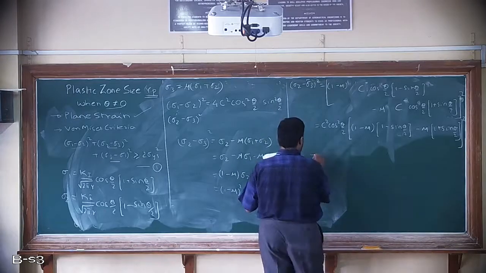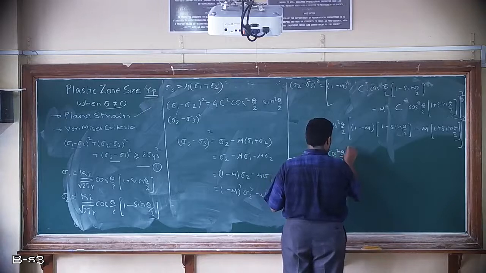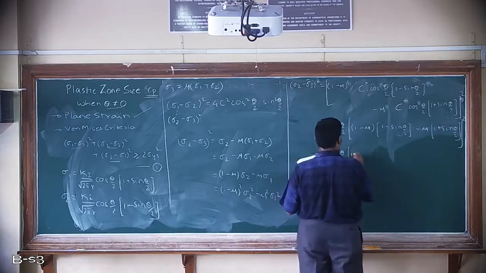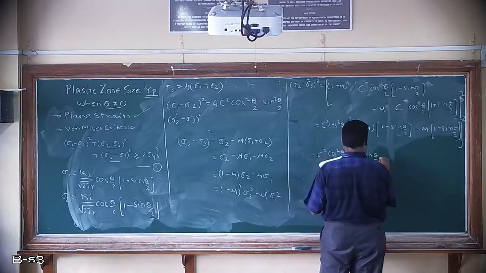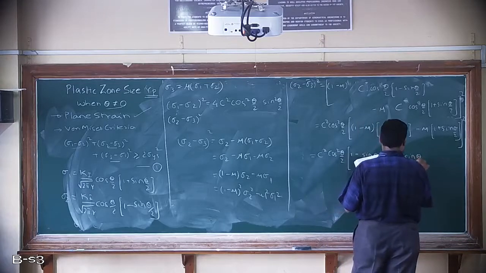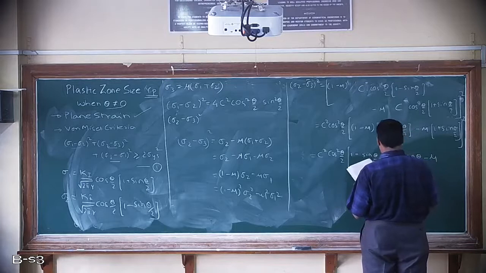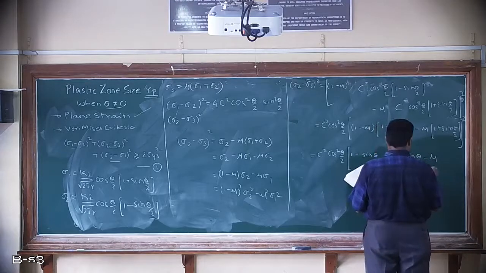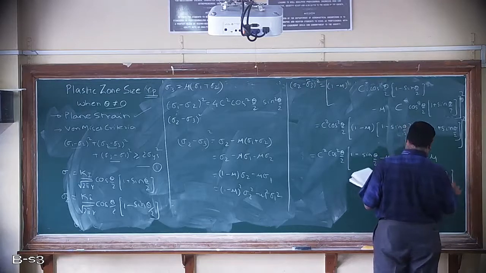So here we shall simplify this. So we get c square into cos square theta by 2 into 1 minus sin theta by 2 minus mu plus mu sin theta by 2 minus mu minus mu sin theta by 2.